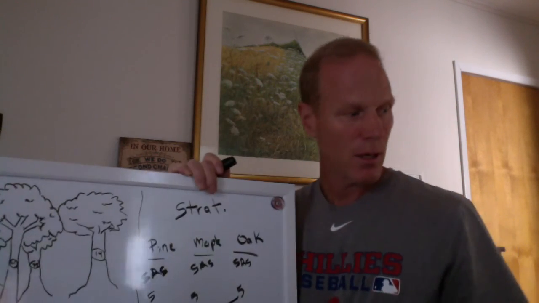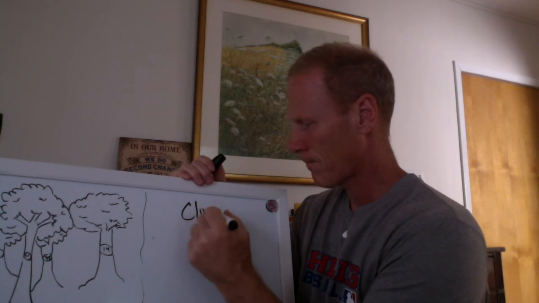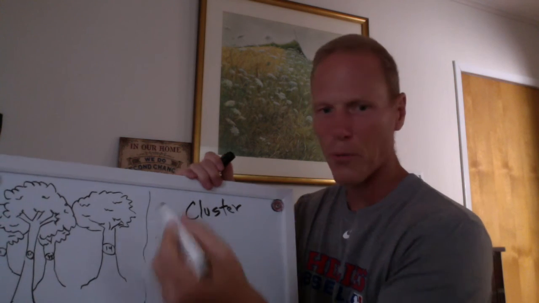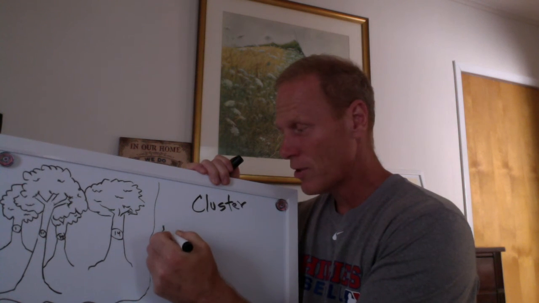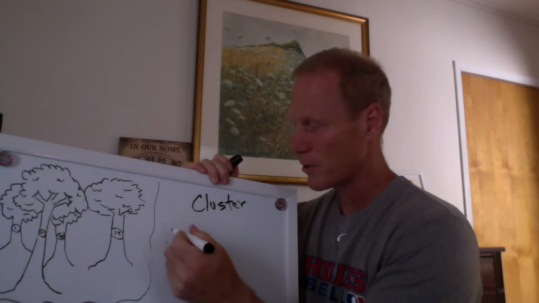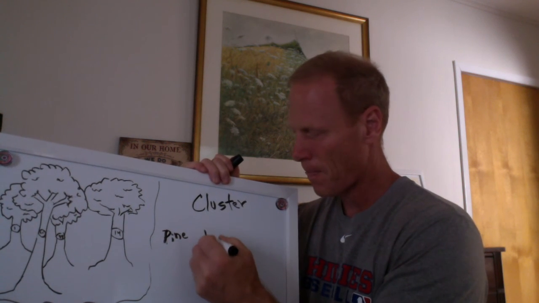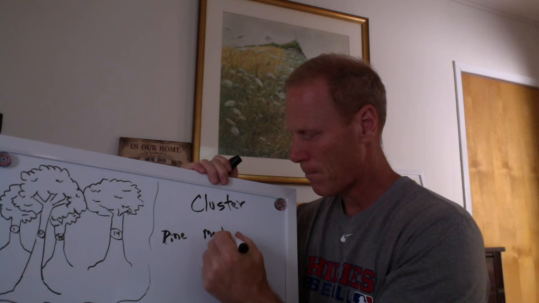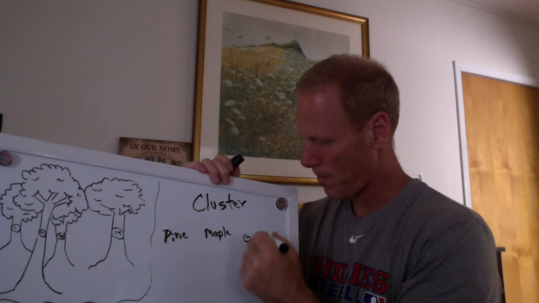That's stratified. Now in cluster, they also break them into groups. A lot of times you hear about geographic areas and things like that, but you can also break them down into groups similar to what I just did: the pine, maple, and oak.